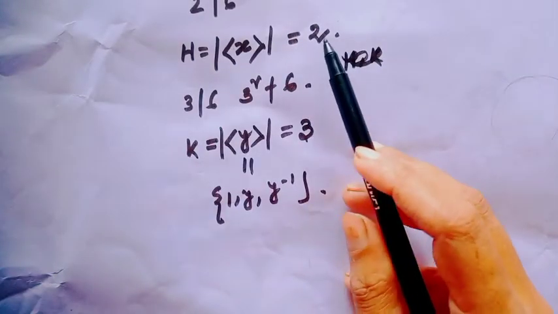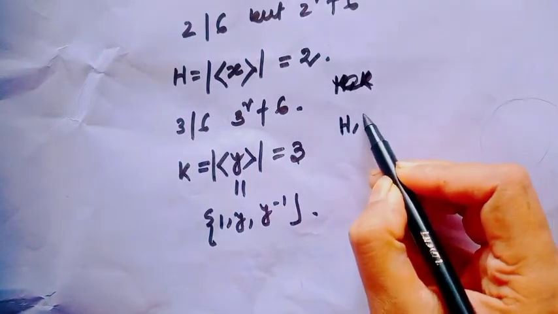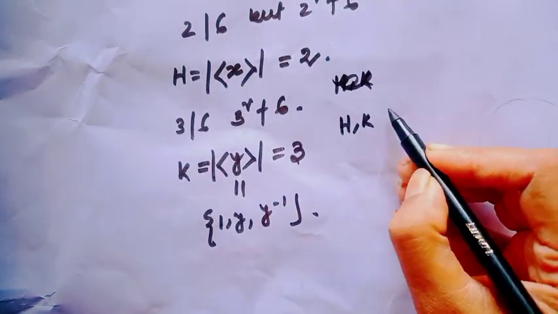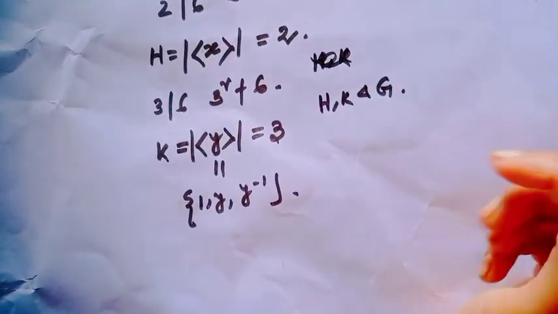Since 2 and 3 are both prime numbers, both subgroups S and K would be normal in G. All of us know it.